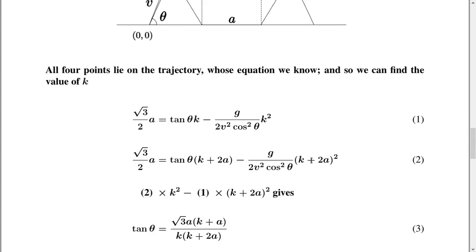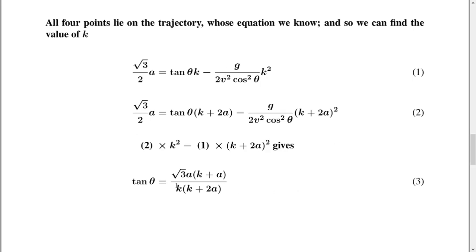Right? So multiply this first equation with k plus 2a whole square and the second equation with k square and subtract the first product from the second product, what you will get is tan theta equals root 3 a times k plus a divided by k times k plus 2a. Right? Do it as an exercise.